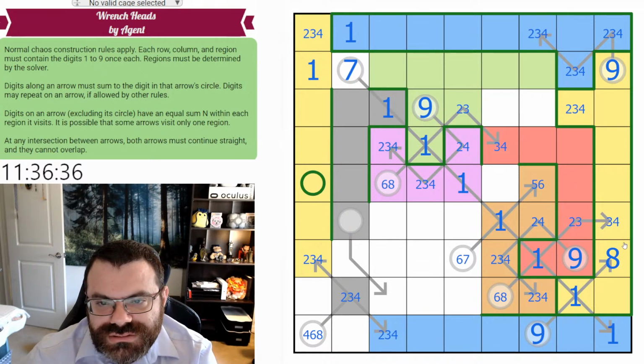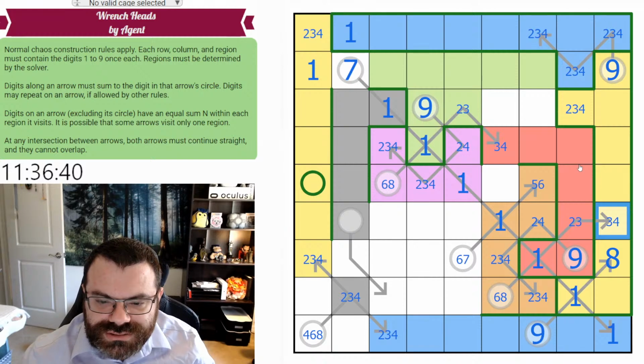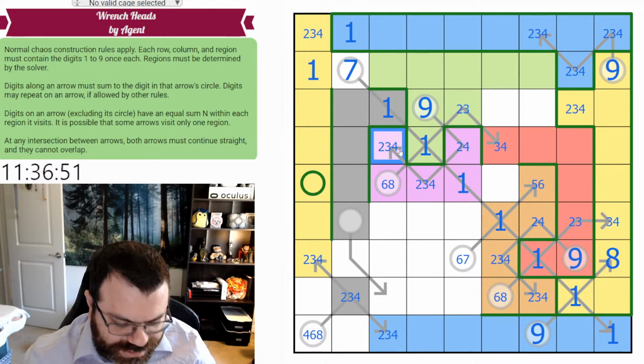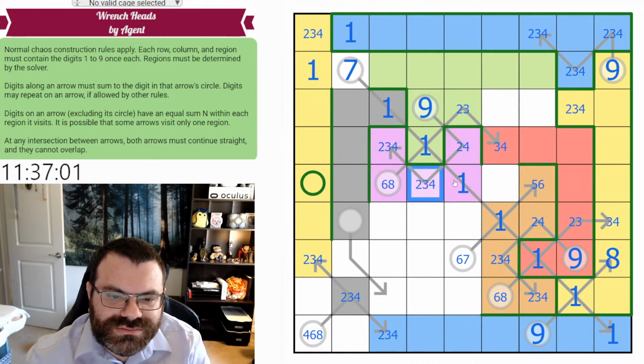Can these be colored? Where do I start? So if we call this A, B, and C, this is B. Not sure if that's the helpful place to start, though.